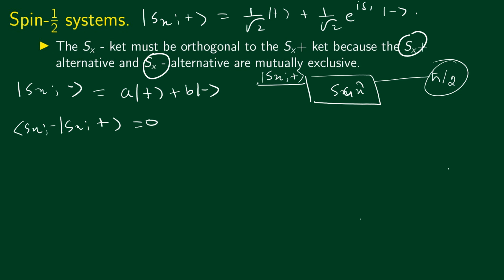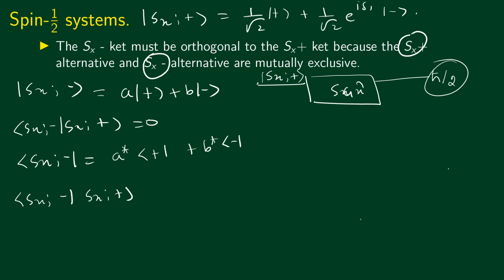This means that bra Sx minus can be written as A star bra plus plus B star bra minus. Ket Sx plus is already given here, so let me make the multiplication. Bra Sx minus ket Sx plus is equal to 0. This is what I demand.